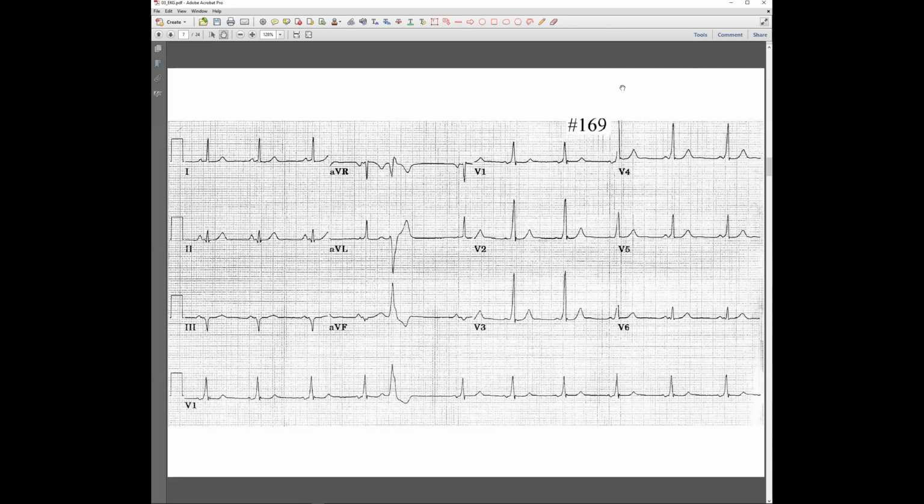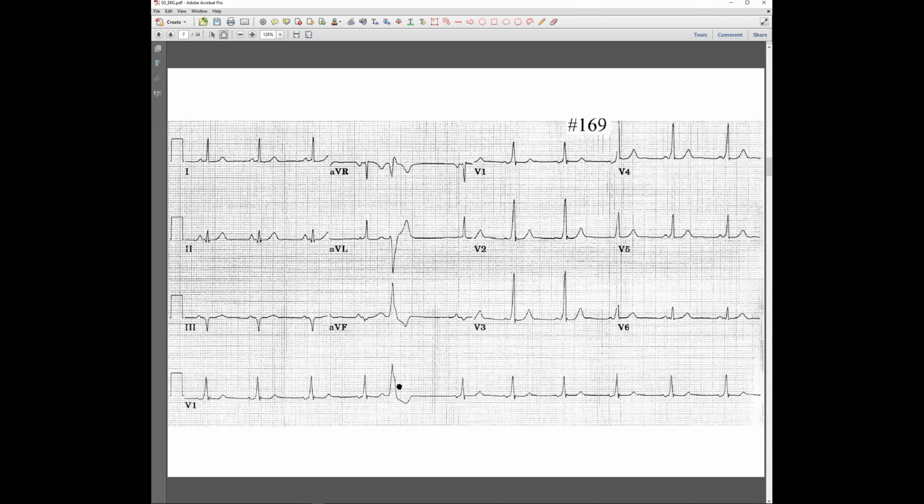So I just had an overall look, and you can see it's non-rhythmic. And if you look at V1, you see that abnormal QRS complex. Before that, I want to talk about the heart rate, which is around 65 beats per minute.